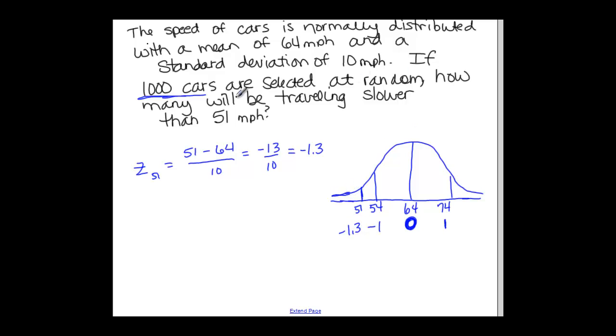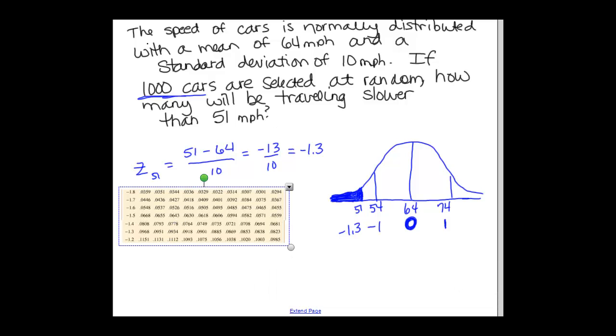So we're looking for how many cars are slower than that. We're going to find first the percentage of area under the curve, and then we can find the number that they're looking for. So we want to find on our table the area under the curve to the left of negative 1.3.